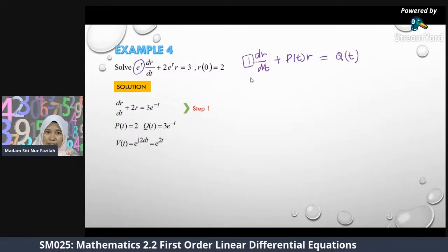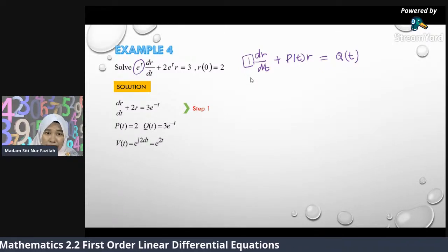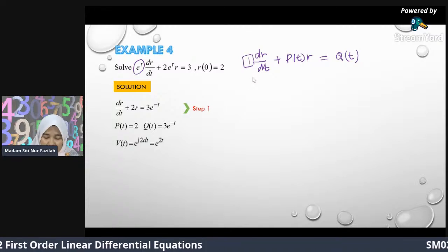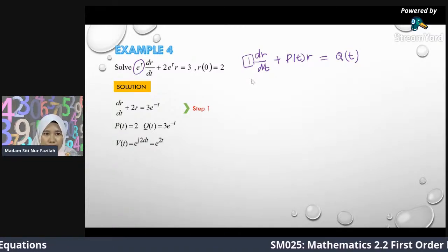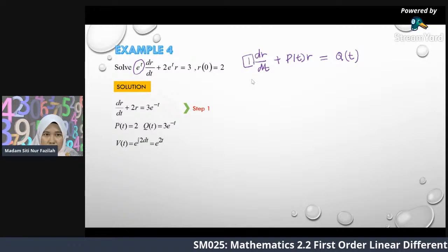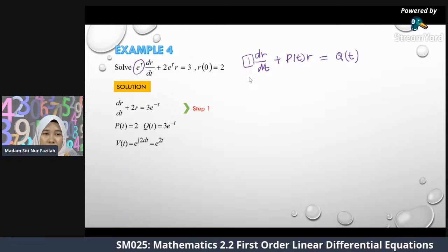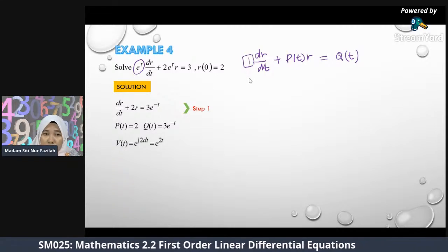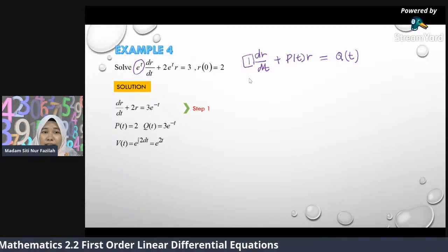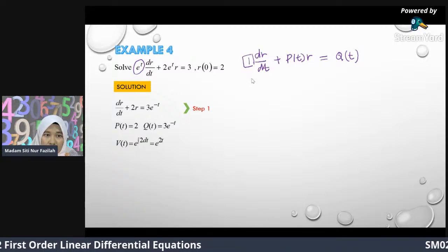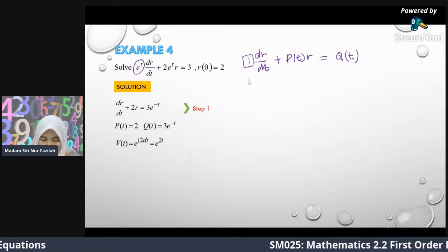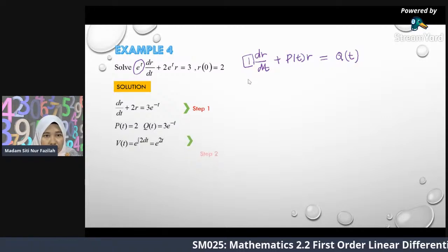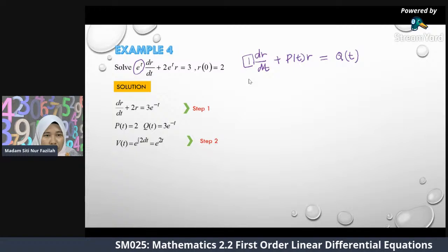Next, we find the integrating factor v(t), which is e to the power of the integral of 2 dt. The answer is e^(2t). We cannot simplify it, so we let e^(2t) be the function v(t). This is step 2.